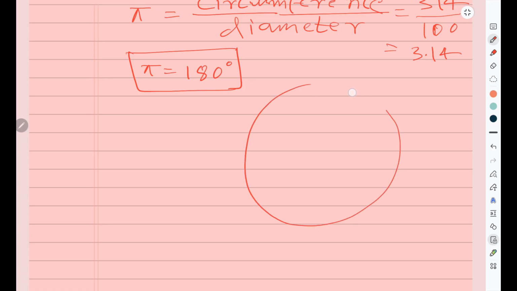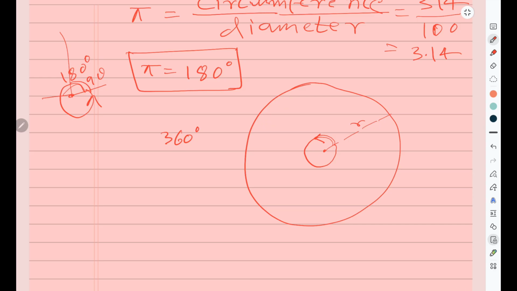Let us assume this is a circle, and maybe this is the radius. You may know that the full circle is 360 degrees, isn't it? Because this is 180 degrees, this is 90 degrees. Similarly, the whole rotation will be equal to 360 degrees.